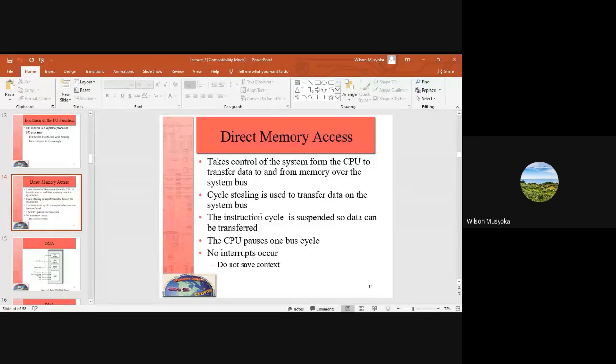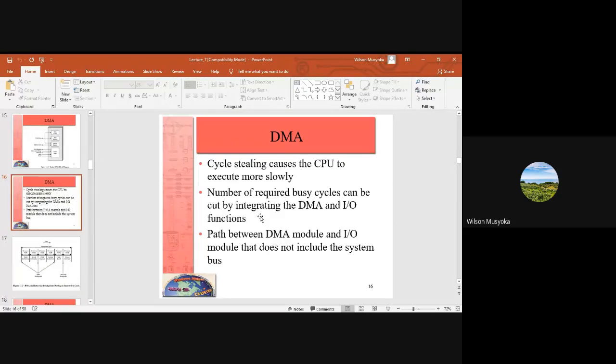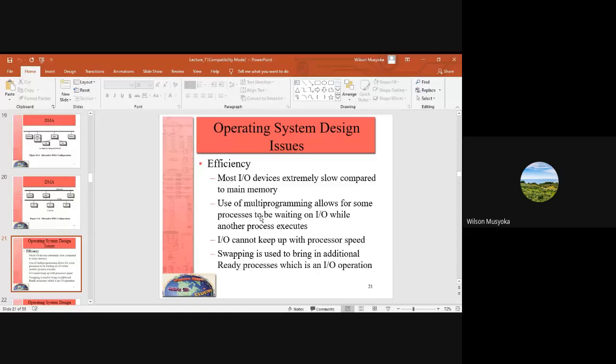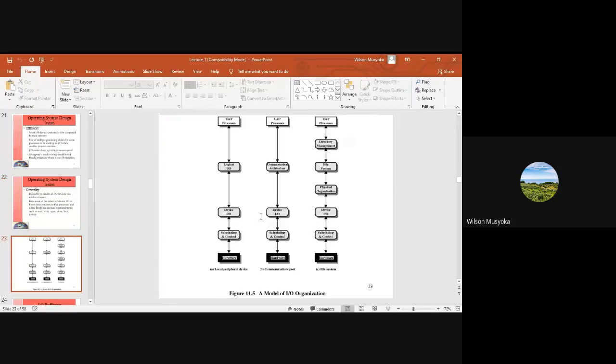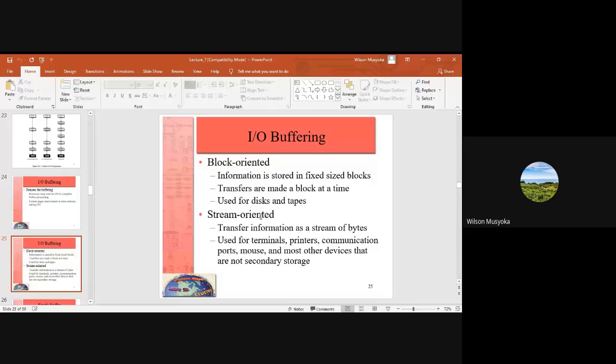So this one I will leave you to it. Just read through about DMA. That is very important. And then the other important function is how do you manage efficiency? That I will leave you to it. And buffering, look at it.